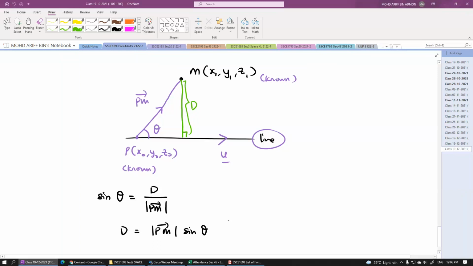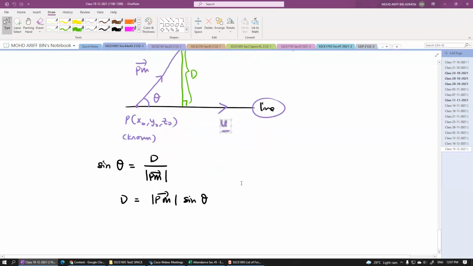Cross product. Remember, a cross product must be between two vectors. Now we have the vector PM and also our parallel vector U. So we can cross U and PM, let's say U cross PM.